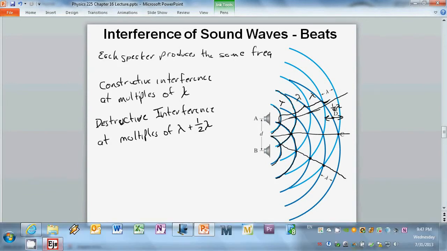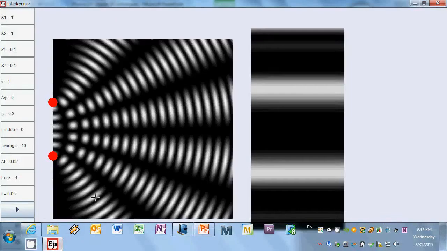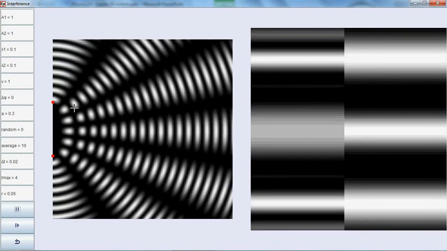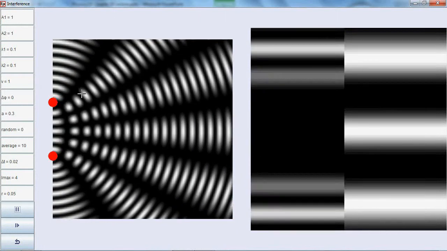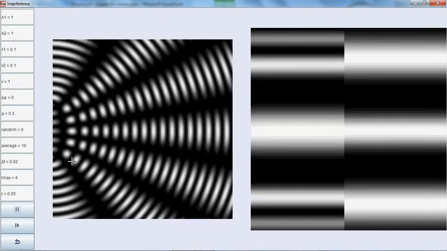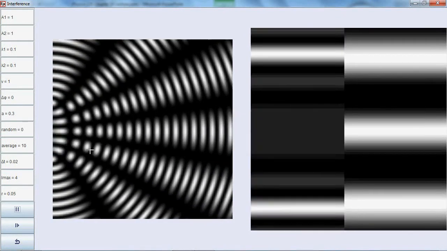Now we can show this in a simulation. You notice that here I have two sources. They're 0.3 apart, say 0.3 centimeters apart. And as you play the simulation, you can see these areas of destructive interference going out in these straight lines, and the white would be the constructive interference.